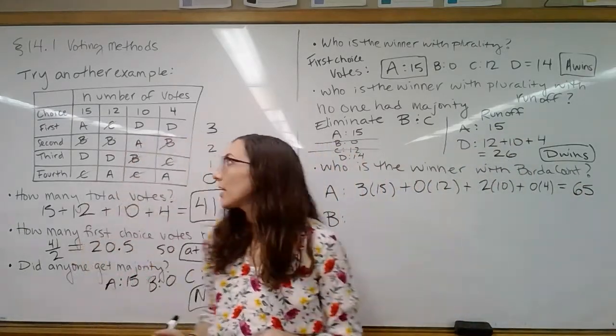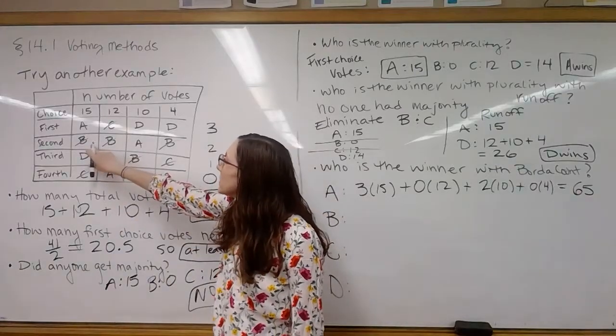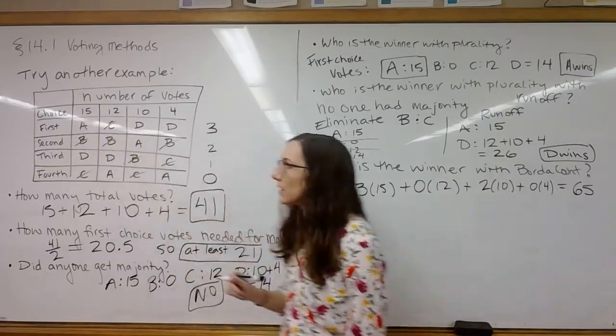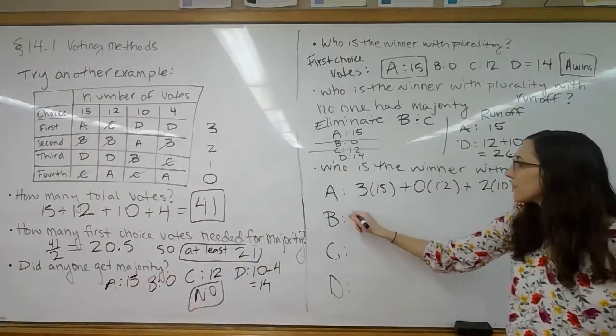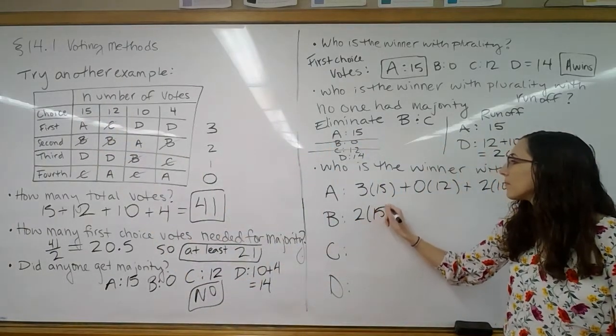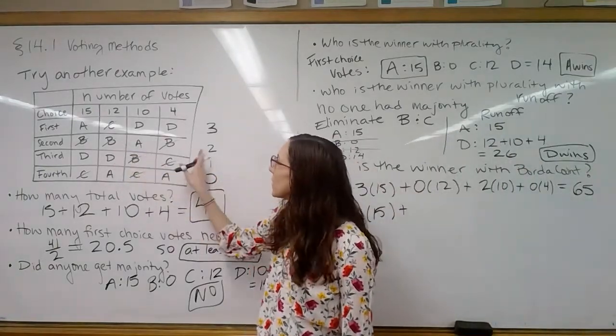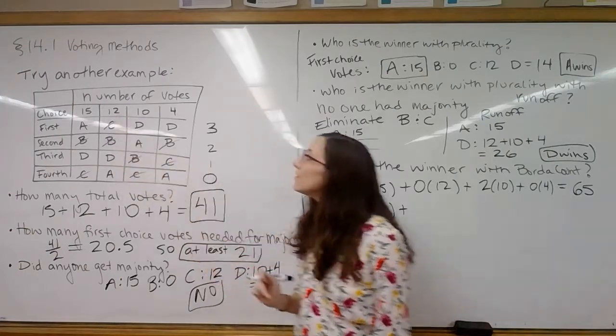For B, let's track them. B is second place here, so 2 points times 15 ballots. They're again second choice in the next column, so again 2 points times 12 ballots.